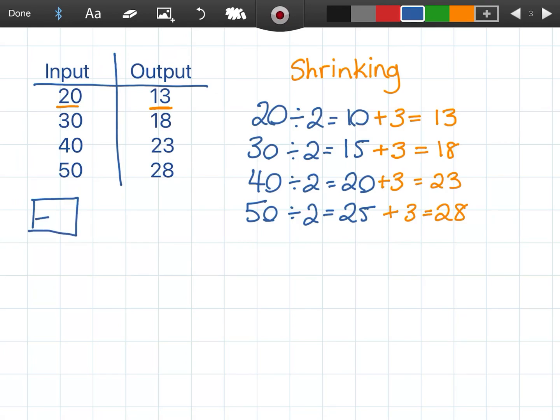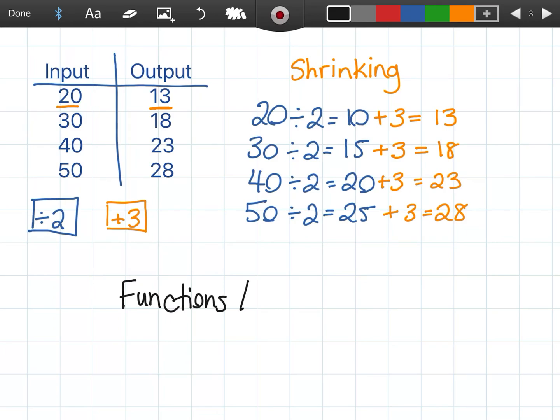It's been programmed to divide the number that's been put in by 2, and then add 3. That is how you determine the operations of the machine. It's really trial and error, unless you can look at it and say immediately, oh yeah, this is what is happening.